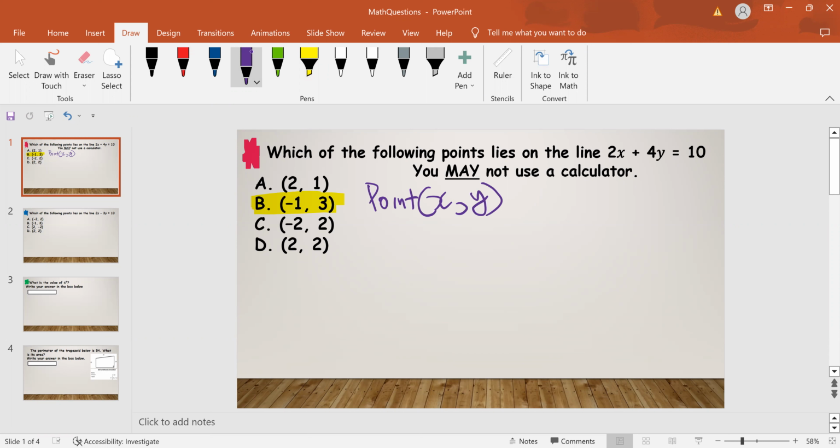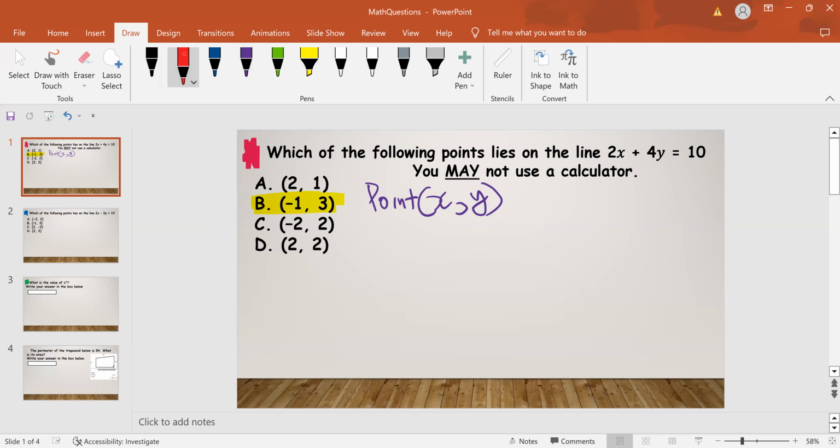For point A, the x coordinate is 2 and the y coordinate is 1. For point B, the x coordinate is -1 and the y coordinate is 3, and so on. To check which point lies on the line, you take the coordinates one by one.